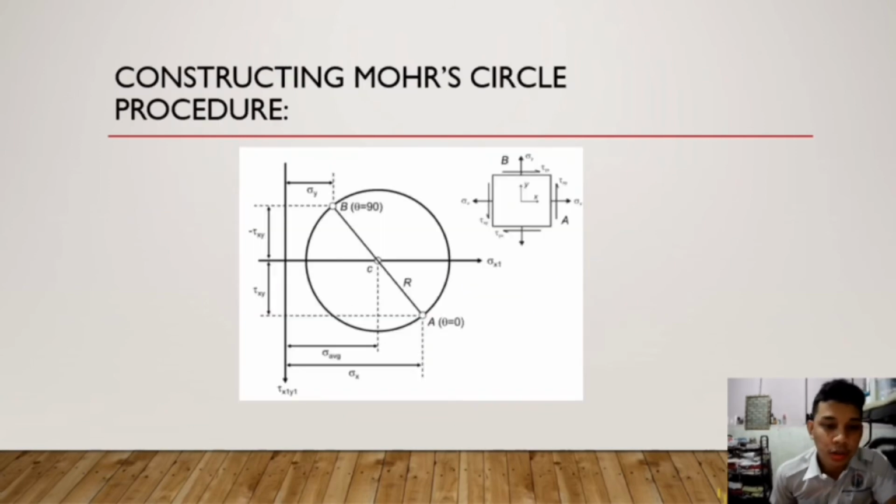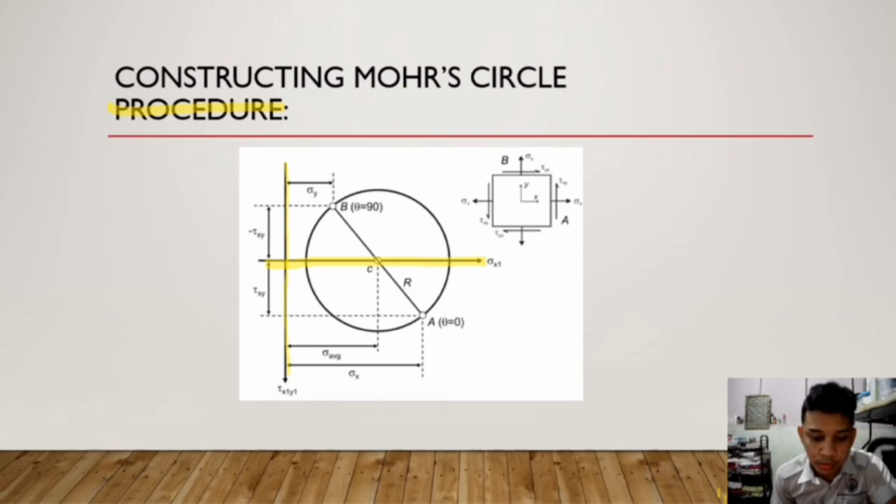We continue with the procedure for constructing Mohr's circle. Basically, the first step is to draw a set of axes with sigma x1 as positive to the right and tau x1y1 as positive downward. This is the first one, sigma x1, and this is the second, tau x1y1.